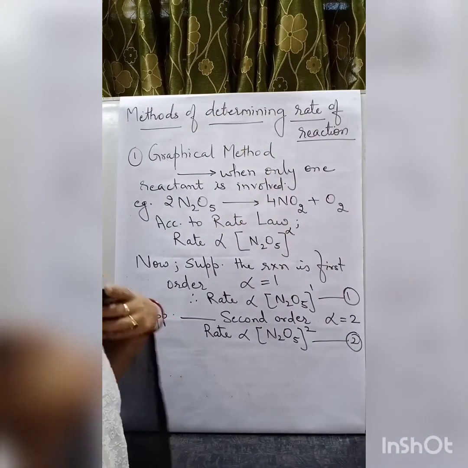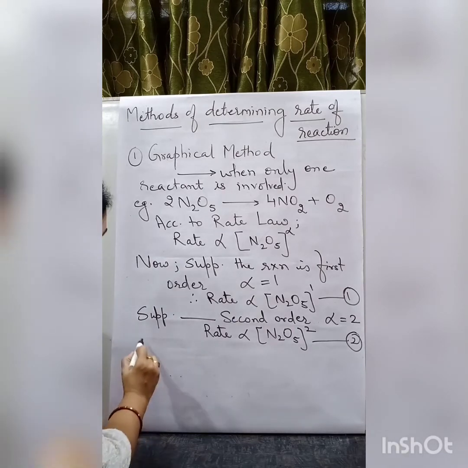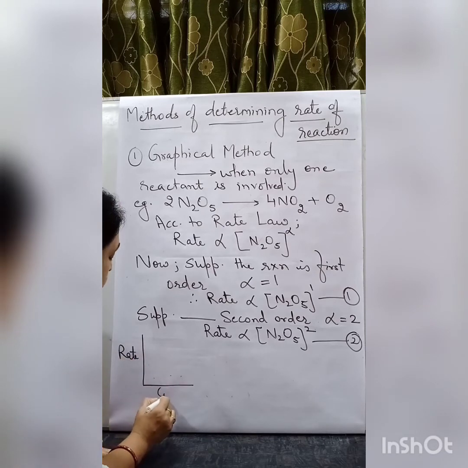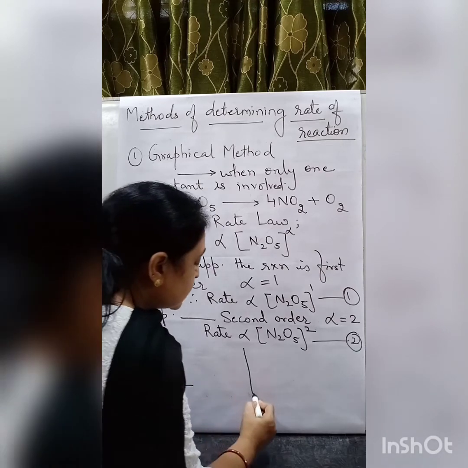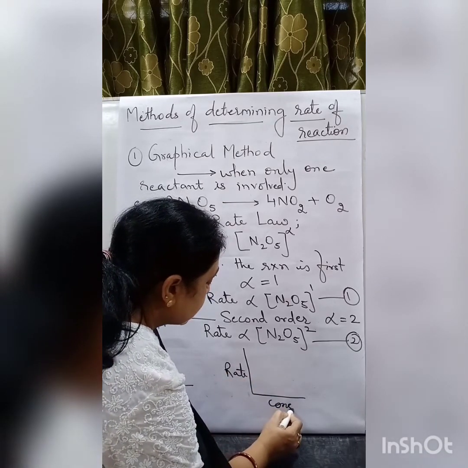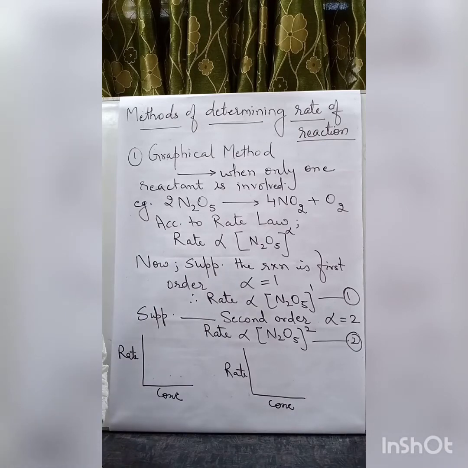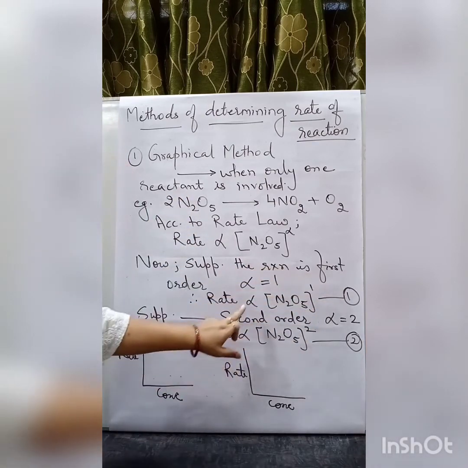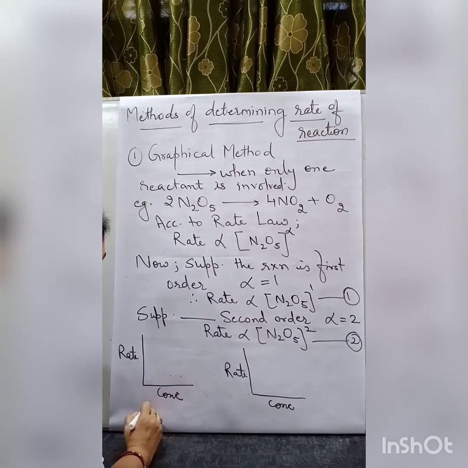Now from the data you can plot the graph. Just plot the graph of rate against concentration for both the experiments and see the graph. Whichever graph is linear, that is the order of reaction. For experiment number 1, I get a straight line passing through the origin.